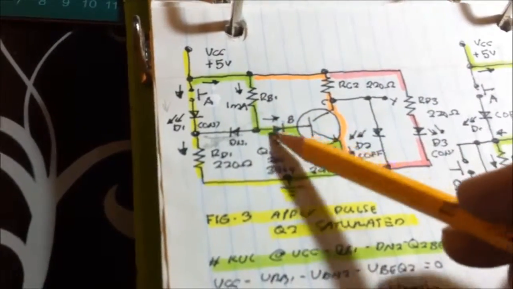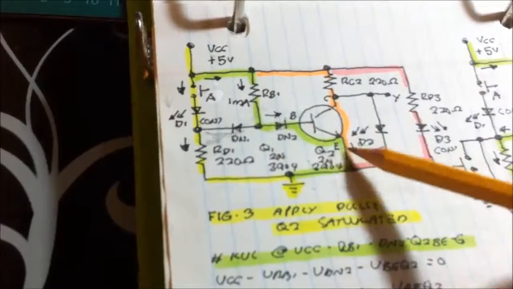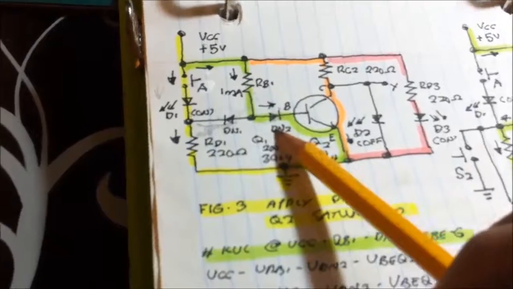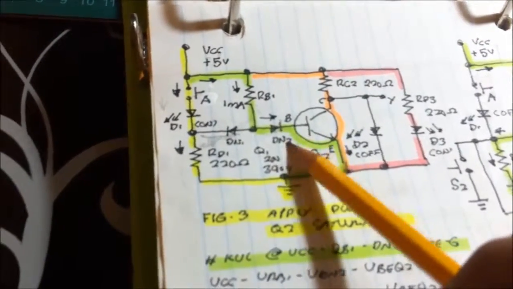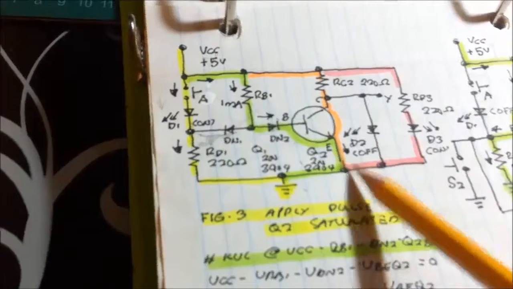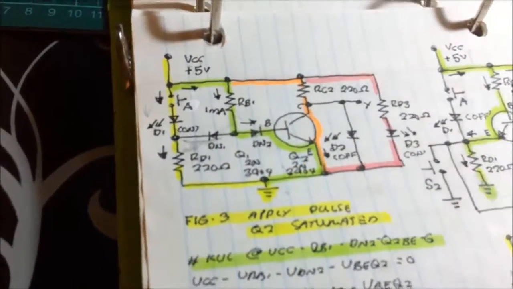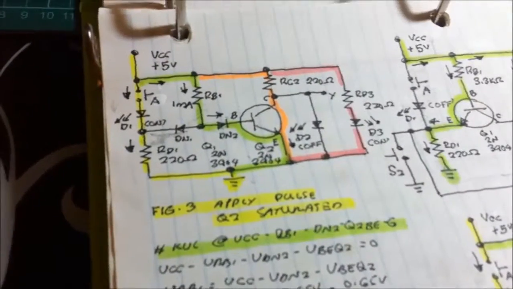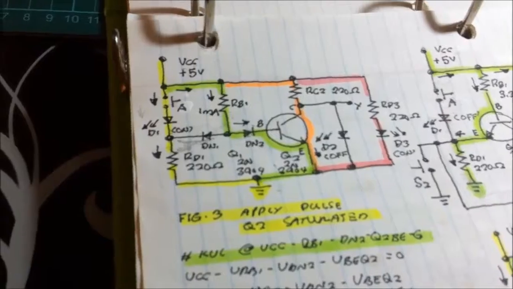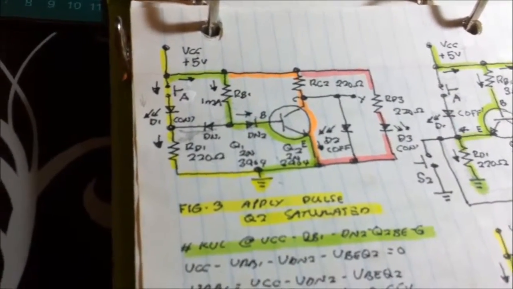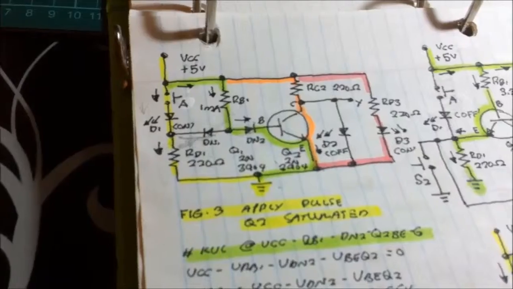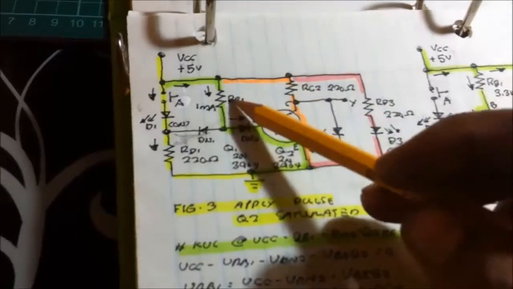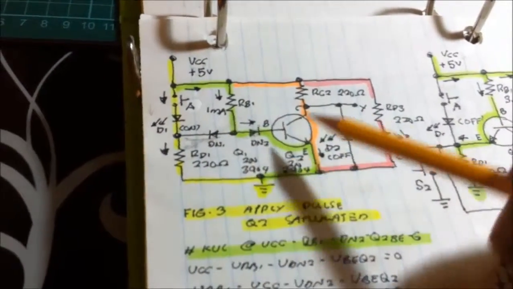Why is it that the current flows this way? VCC, RB1, diode DN2, base to emitter and to the ground. This is now a current steering phenomenon, and we are using a reverse mode of operation of this transistor. So we're always using a transistor that functions as a diode here.